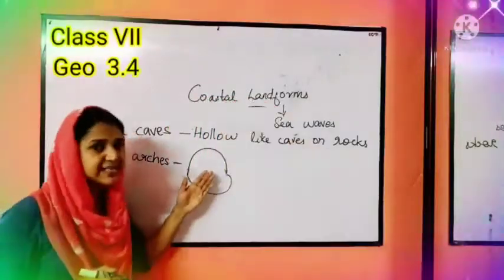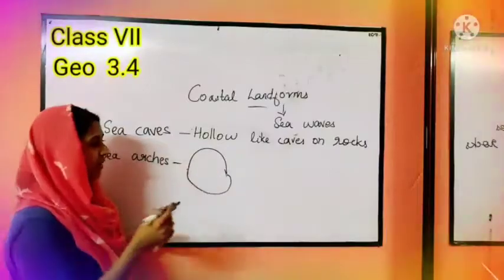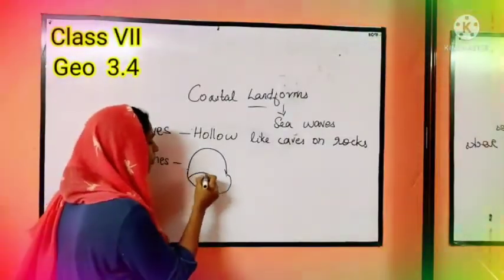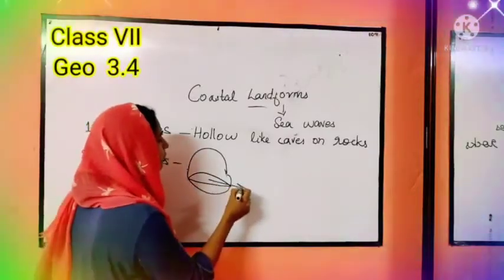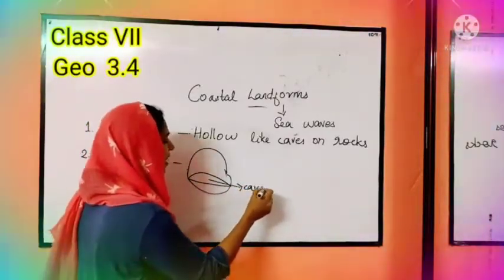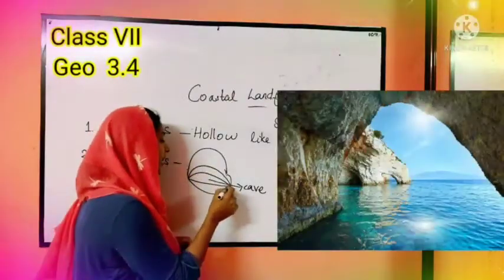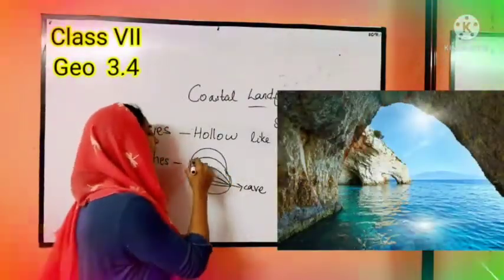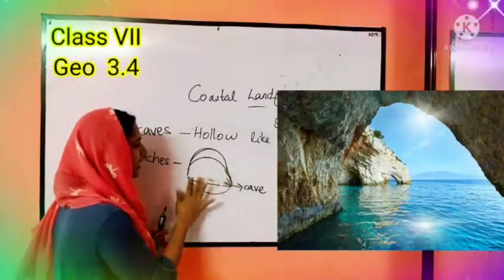Imagine this is a rock. Due to the continuous hit of the sea waves, a small cave, a sea cave, may be formed. But as time goes, the cave becomes bigger and bigger, and only this portion remains.